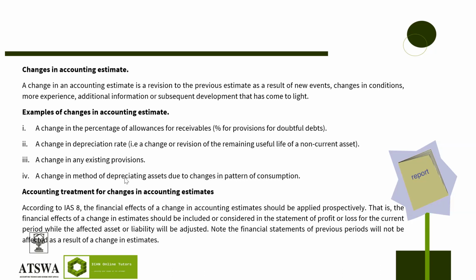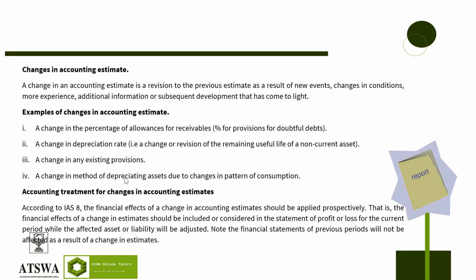Number one, a change in the percentage of allowance for receivables from one percentage to another. A change in depreciation rate, either an upward or downward review of the rate. A change in an existing provision. A change in the pattern of depreciating an asset due to a change in the pattern of consumption.